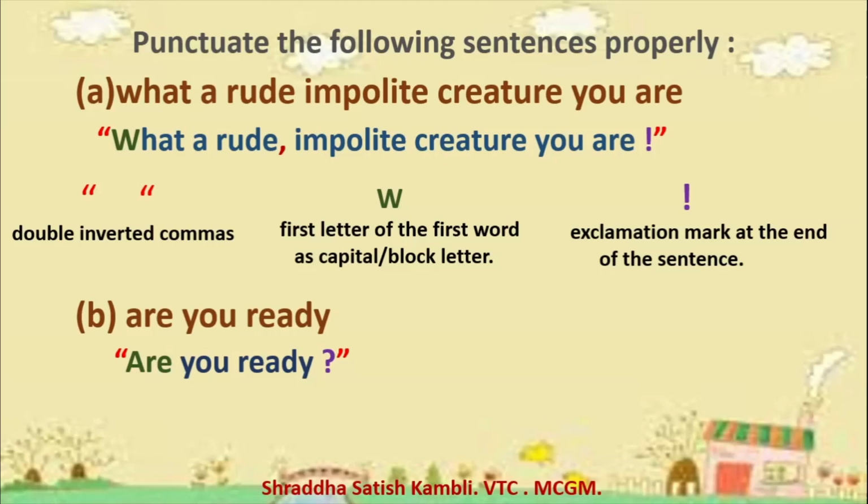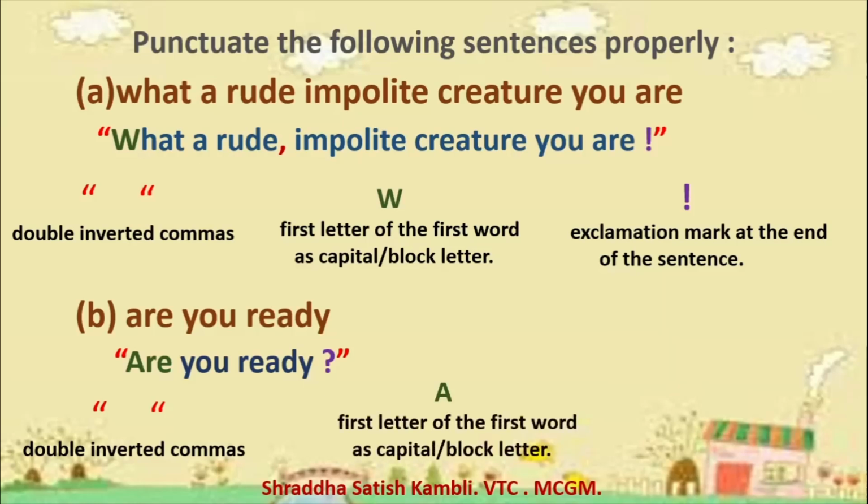The first change that we have done again is we have added a pair of double inverted commas. What are they also called as? Yes, they're also called quotation marks. And look at the A in the R. The A in the R has become capital.